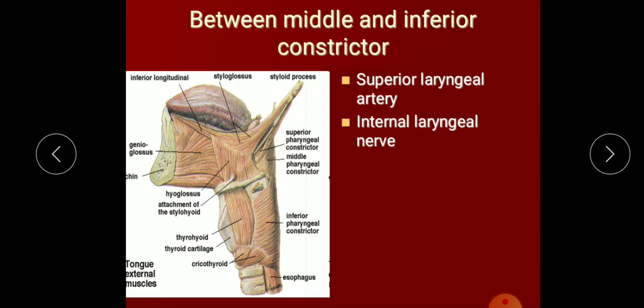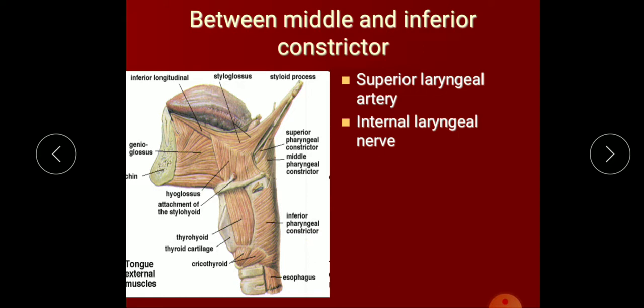One branch is the superior laryngeal nerve. That superior laryngeal nerve will divide into an external laryngeal nerve and internal laryngeal nerve. That external laryngeal nerve will go to supply the cricothyroid muscle. The internal laryngeal nerve will pierce the thyrohyoid membrane in between the middle constrictor and the inferior constrictor, and then it enters inside the larynx.